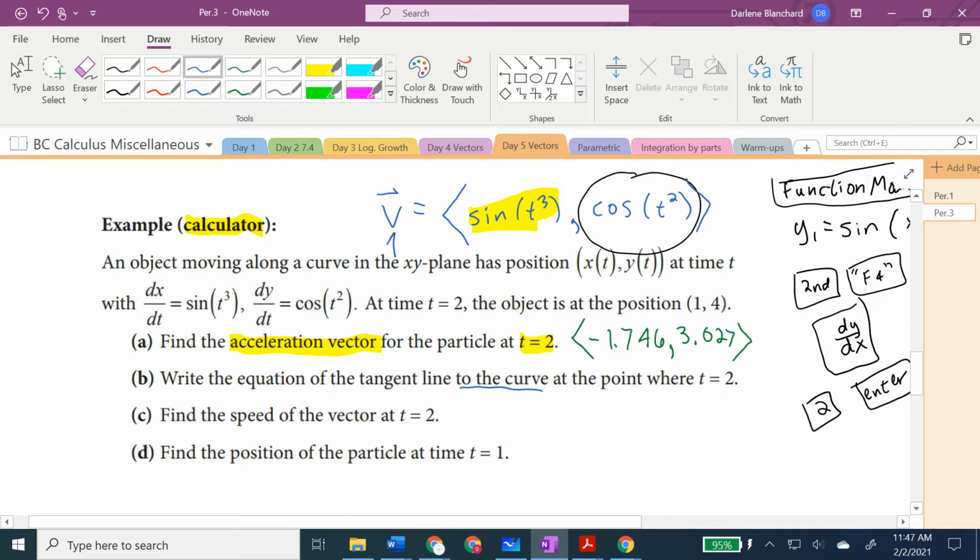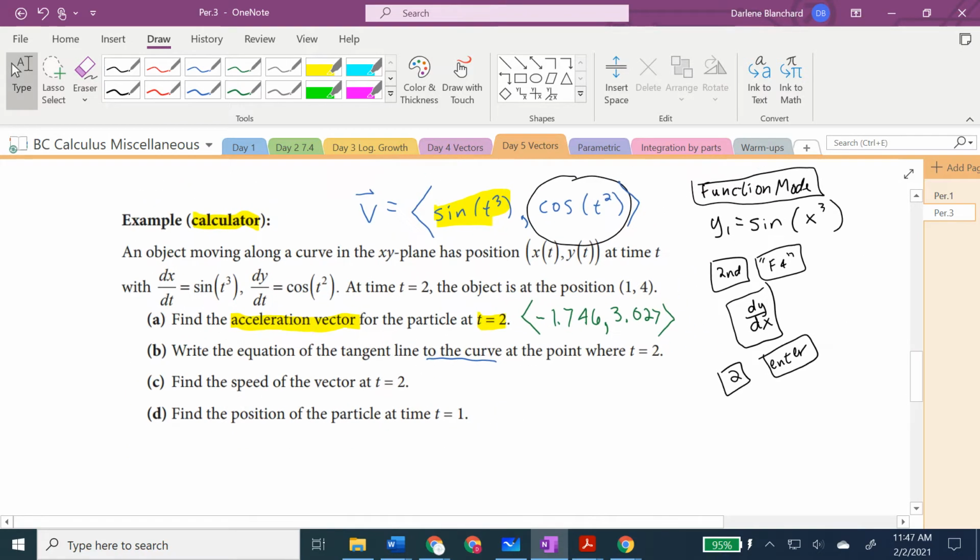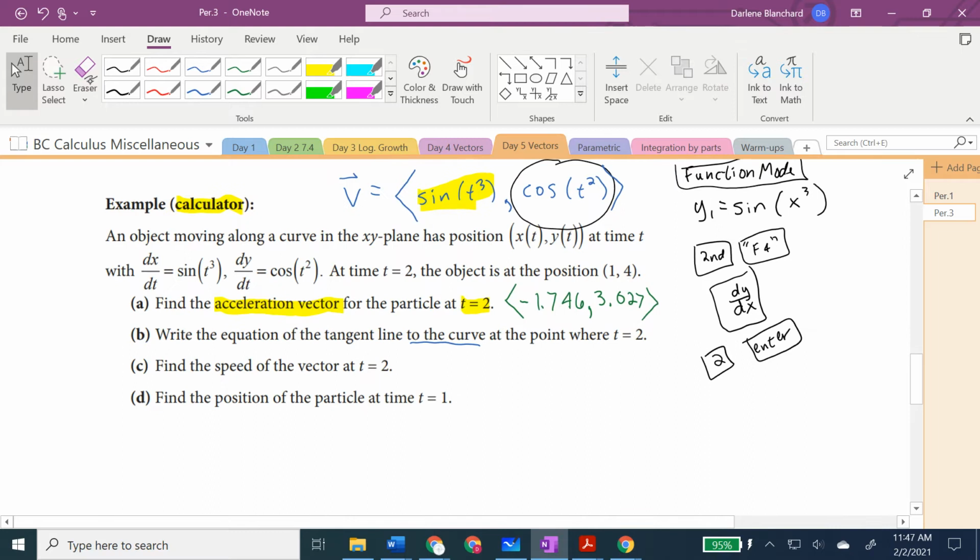You are given the velocity vector, not the position vector. The position vector is the curve itself. You only have the rates of change of the curve. One of the biggest issues with the AP test is taking a moment to identify which functions they actually gave you and just realize what they gave you. That alone is half of the problem, half the battle.